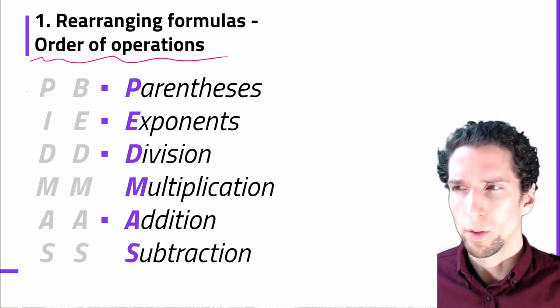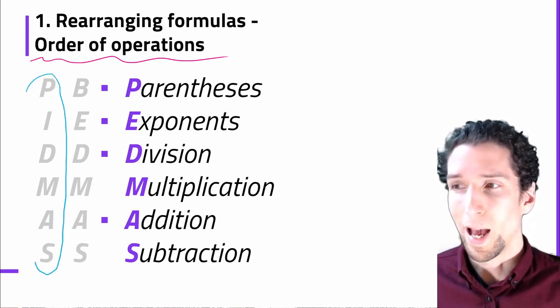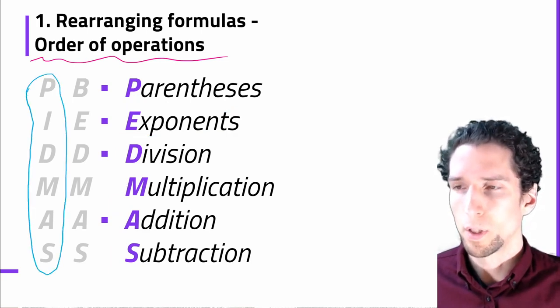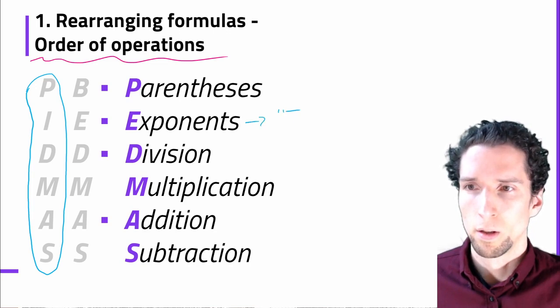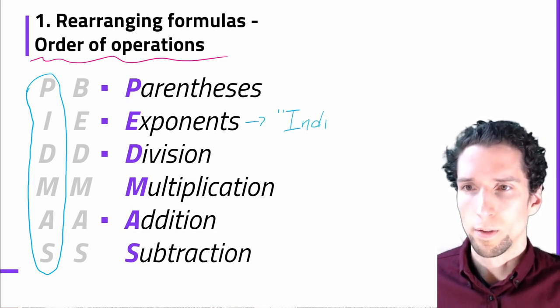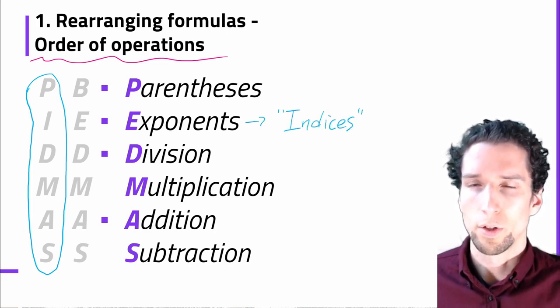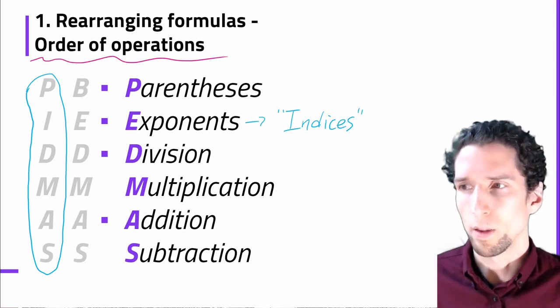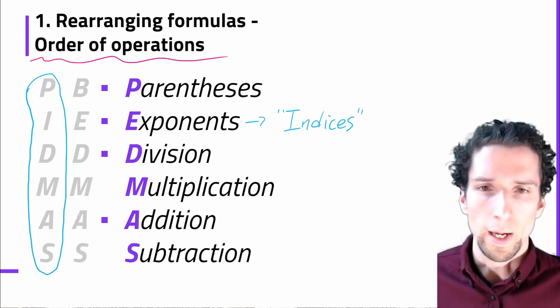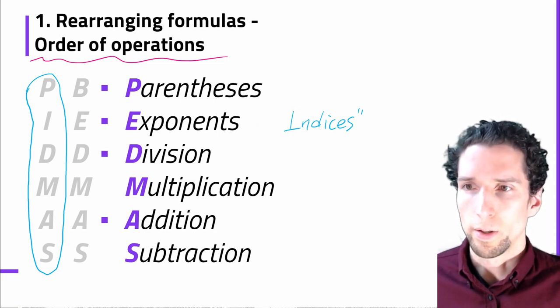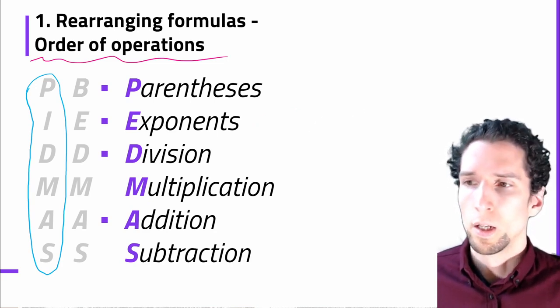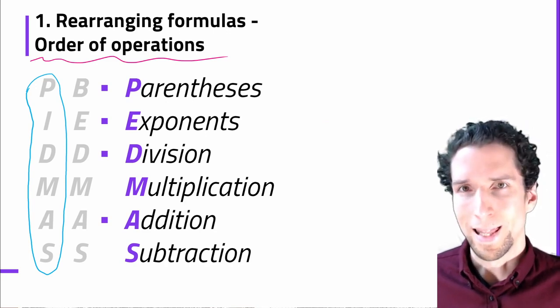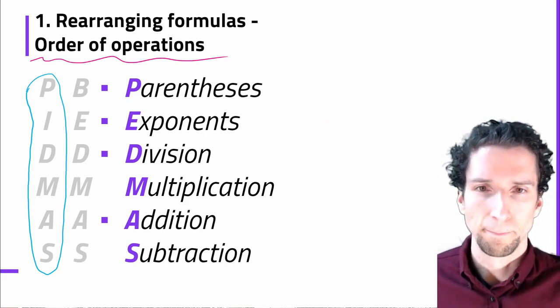You might have also seen PIDMAS. Some British textbooks, instead of exponents, write indices, which is the same basic thing. So different labels, but it's all the same thing. Brackets first, then exponents, then dividing and multiplying, and then adding and subtracting.